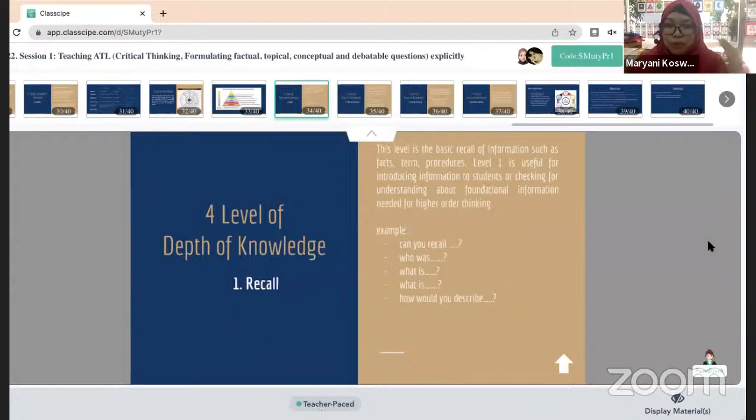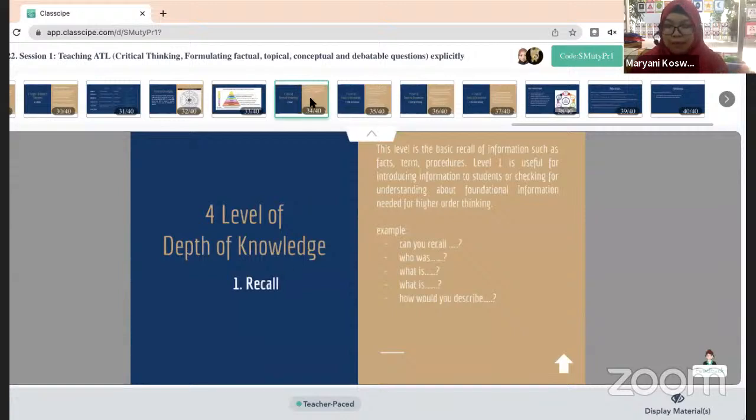The way you design the question will change the intricacy, the level of difficulty of the what question. Okay, so in level 1, in recalling, again, same as the others, can you recall who was, what is, how would you describe things, all about recalling facts.